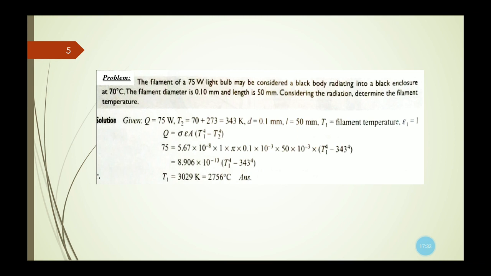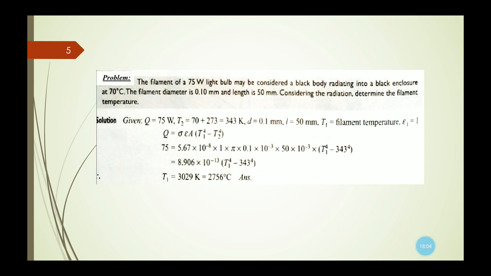Now in this numerical, Q is given as 75. Then sigma is the Stefan-Boltzmann constant that we have studied in the Stefan-Boltzmann law. The constant value we need to remember, which is 5.67 10 to the power minus 8 watt per meter square K to the power 4.